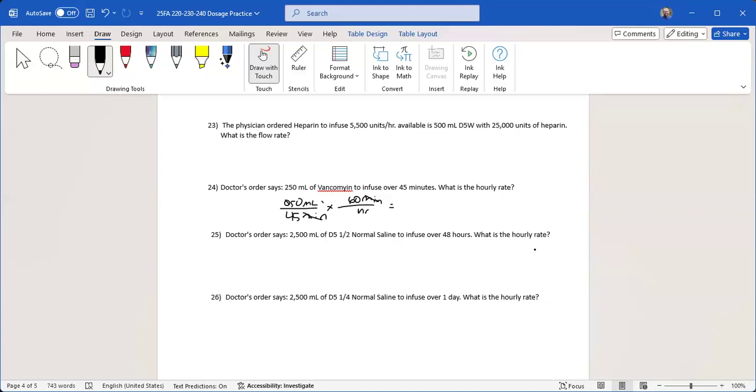And this is a weird one where you get 333.3333333. So just following my previous rules, even though I don't think in reality this is a real medication administration, I'm just going to round that to 333.3 mL per hour.